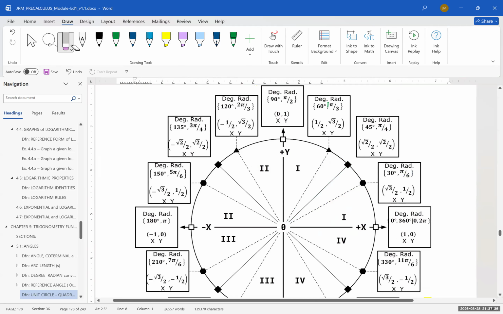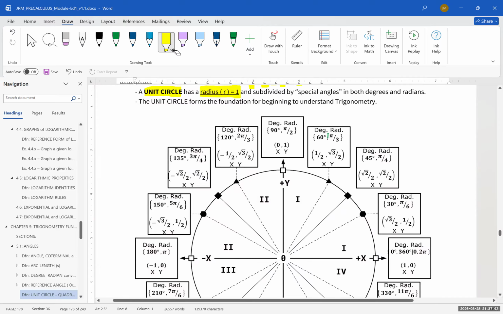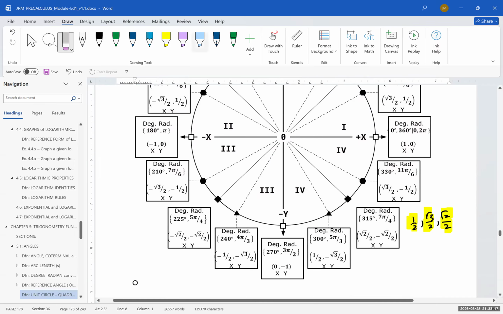And finally, maybe the last pattern I would mention here is that in quadrant 2, you'll notice that the numerator is 1 less than the denominator. See that? 2 is 1 less than 3. 3 is 1 less than 4. 5 is 1 less than 6. So in the second quadrant, the numerator is 1 less than the denominator. Whereas over here in quadrant 3, it's the opposite.